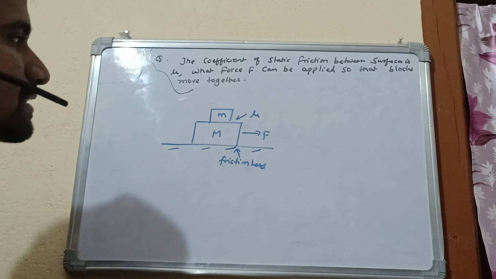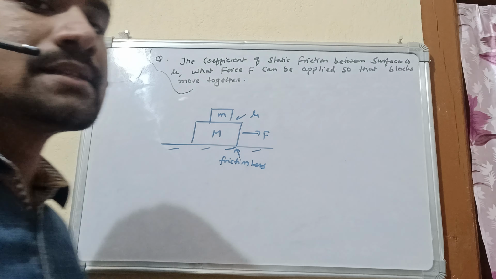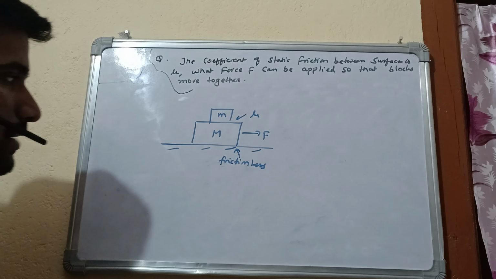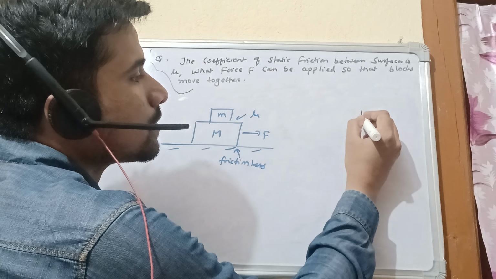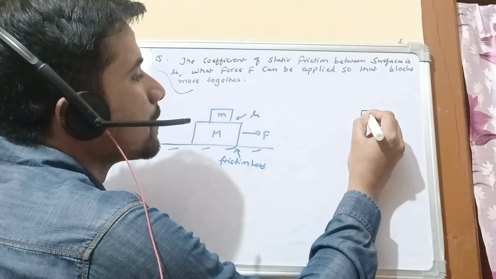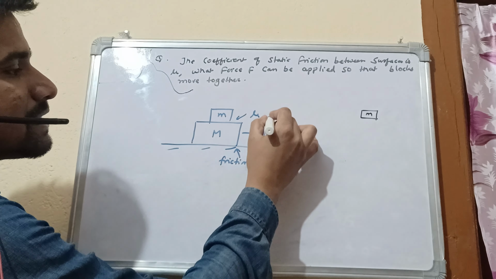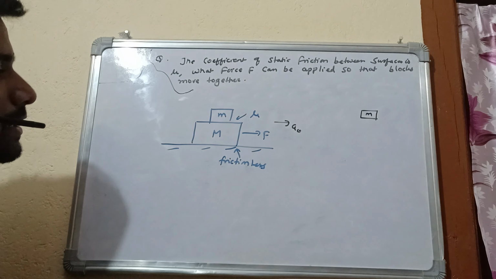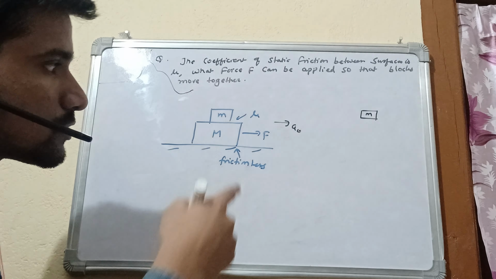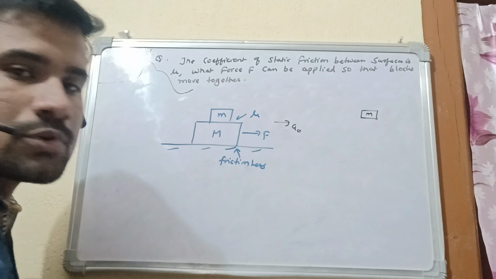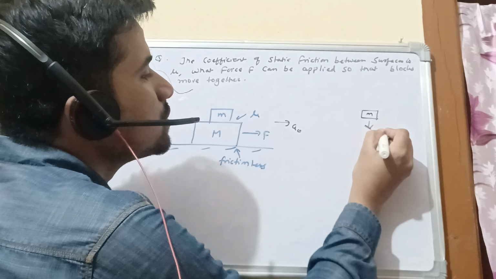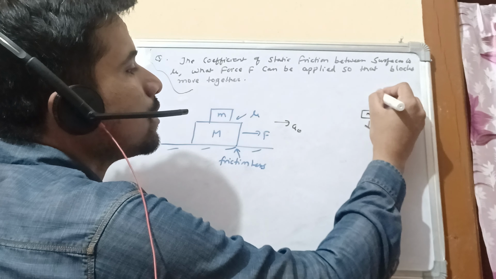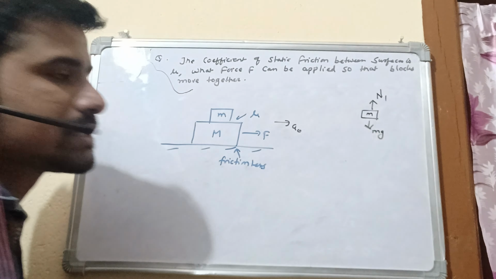Now let's understand what forces are acting on these blocks. If I talk about small m, let's say the common acceleration is a naught. The forces on small m are, obviously, mg, and another is the normal reaction, let's call this N1.